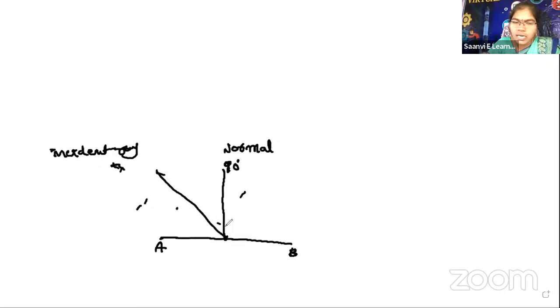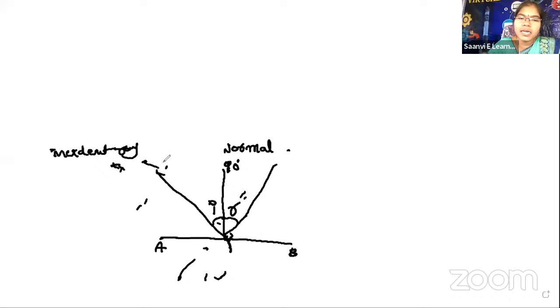That ray is known as the incident ray, and the incident ray is denoted by I. The same ray which bounces back from the incident is known as the reflection ray. Reflection is denoted by small r.